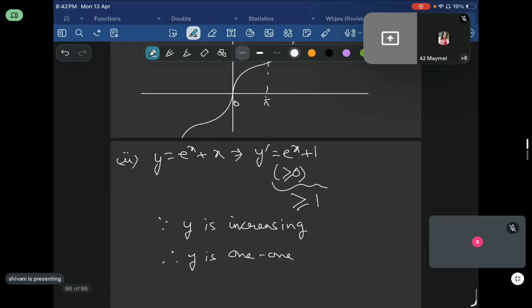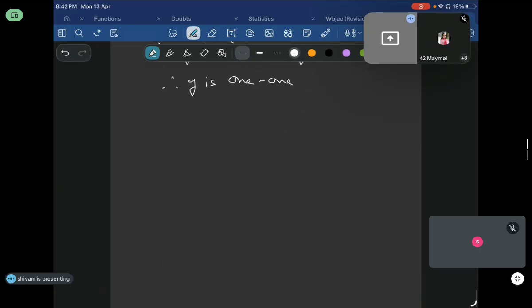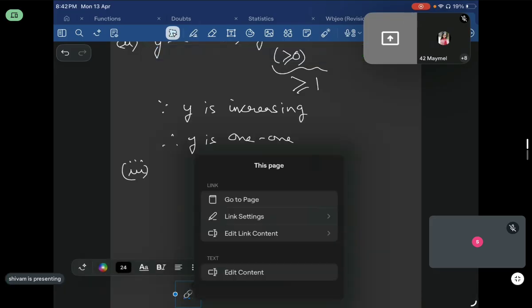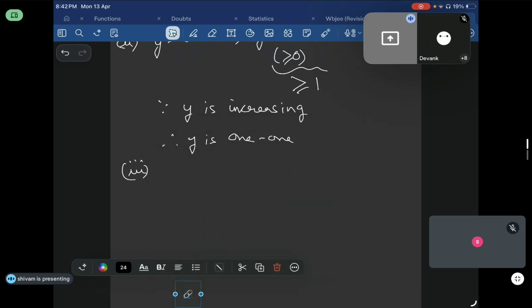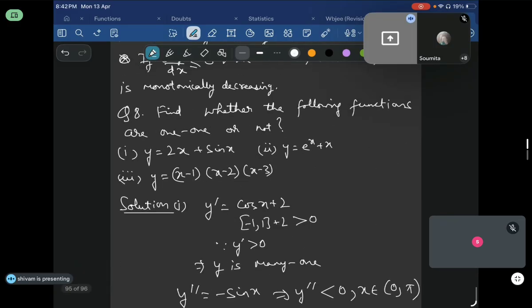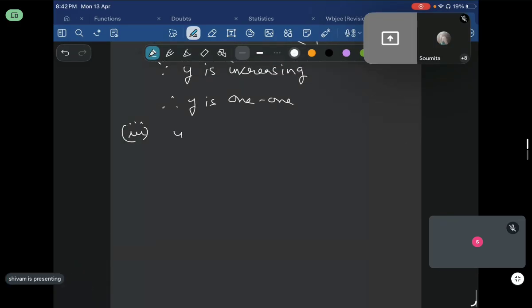Y is increasing, so y is 1, 1. Next, part 3. It's very easy: x minus 1, x minus 2, x minus 3.